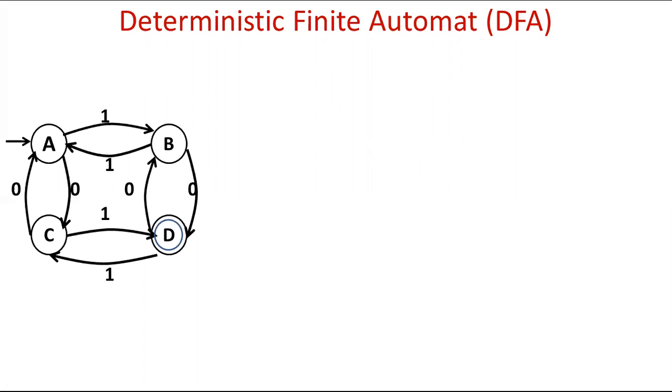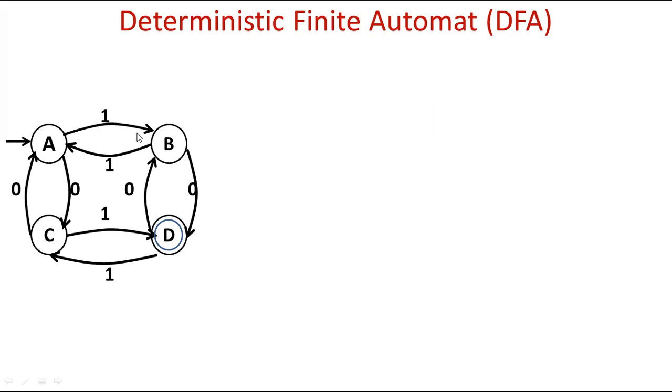These circles, we call them states, and they are represented by A, B, C, D. Next, we can see some edges going from one state to another state, and these edges we call transitions.